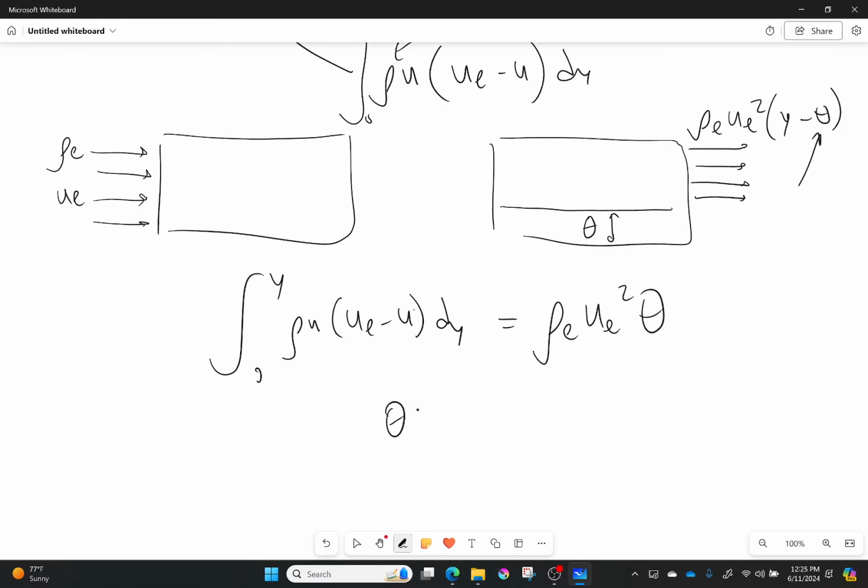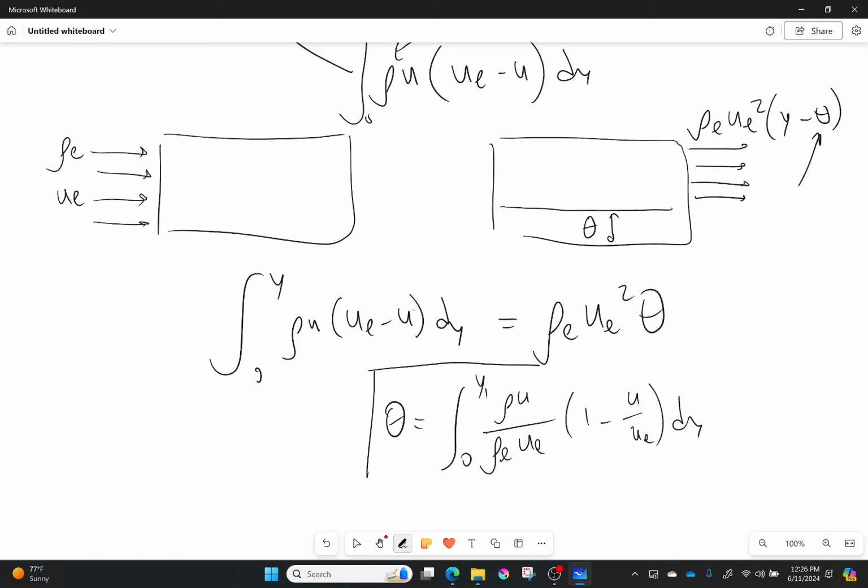So when we solve, we get that theta is equal to the integral from 0 to y of rho u over rho e ue times 1 minus u over ue, dy. There's our momentum thickness. So it's kind of like this missing momentum. You can also say it's like the height of a stream tube that's carrying our missing momentum. Like there's a stream tube here that's gone somewhere else that's carrying it.